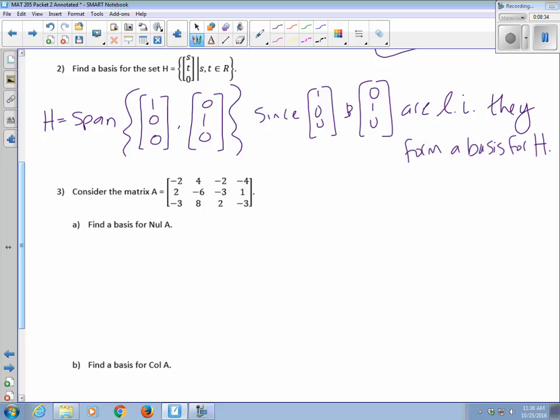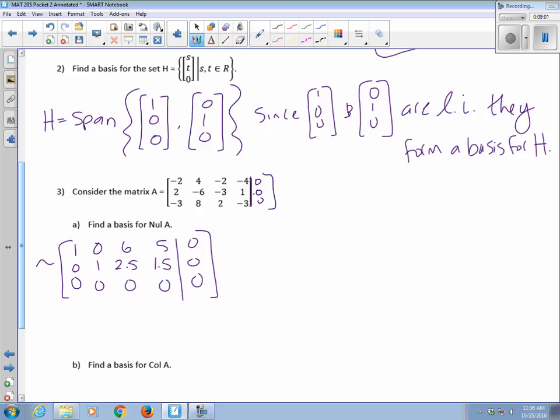So augment with zeros, and you row reduce, and you get 1, 0, 0, 0, 1, 0, 6, 2.5, 0, 5, 1.5, 0, 0, 0, 0.